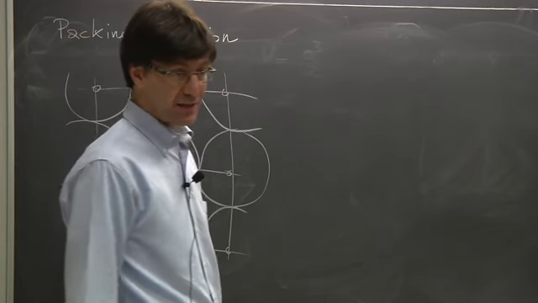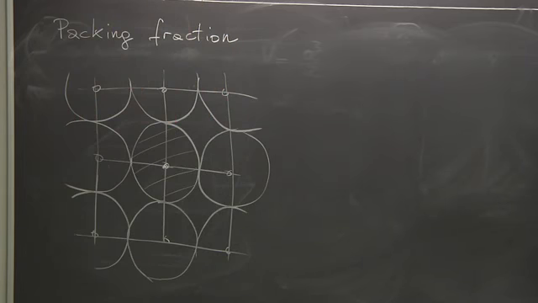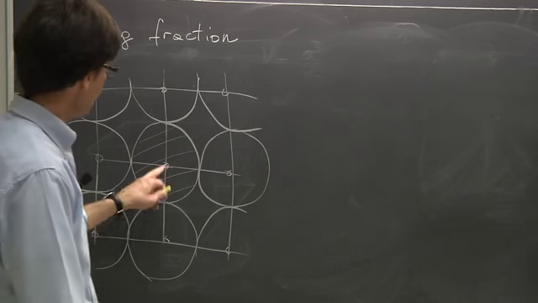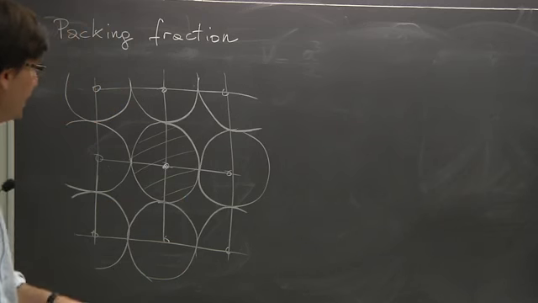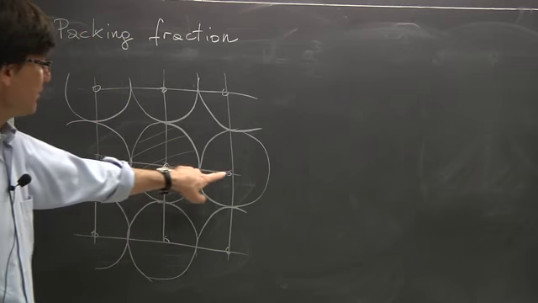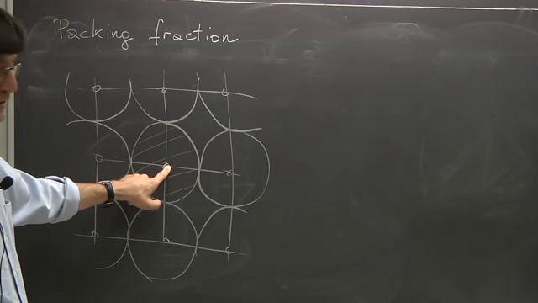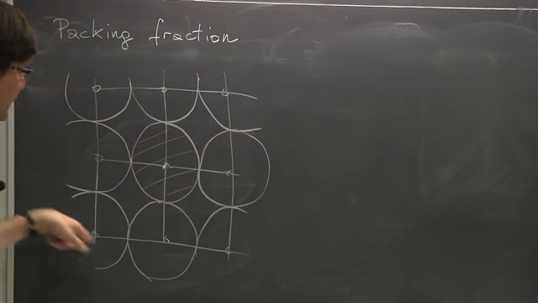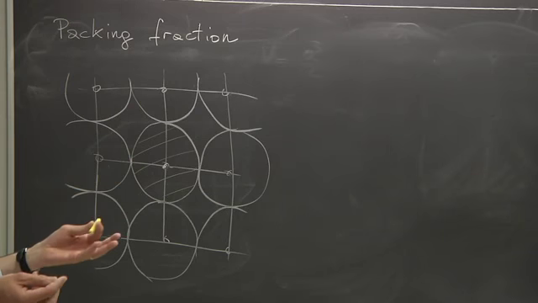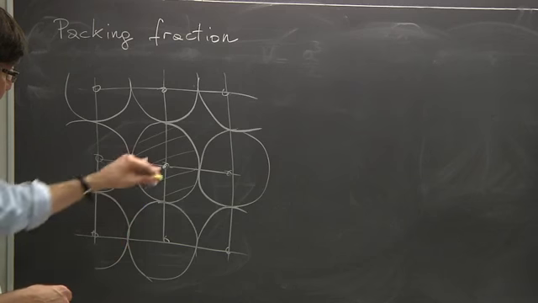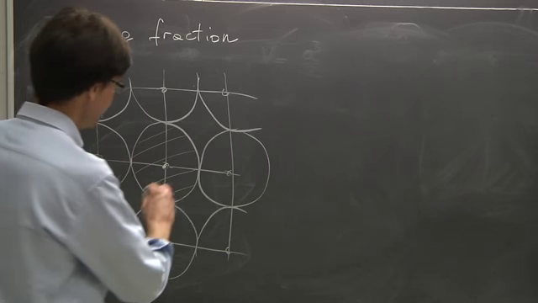Now, how do I calculate it? Well, I have to somehow divide the space. The most natural way is to say, for each Bravais lattice point, I have one circle.